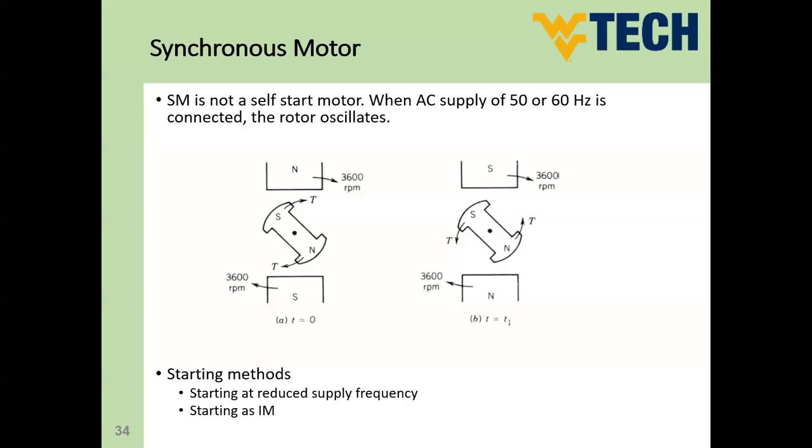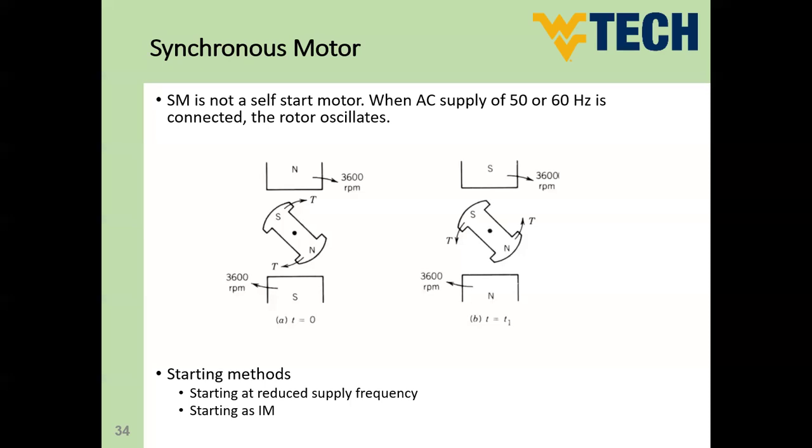However, if you take the same synchronous machine, which is working as a generator, and connect the AC supply in order to allow this machine to rotate, it will not rotate. And this means it's not a self-start motor.